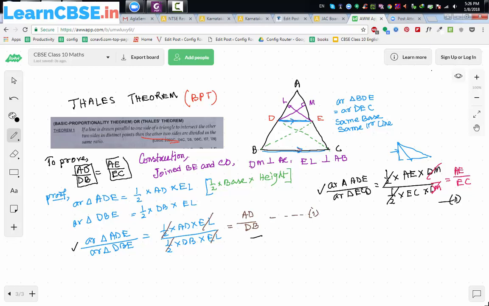So we can say the second equation can be changed into area of triangle ADE divided by area of triangle DBE, and that's also equal to AE by EC. If I compare the first equation with this modified second equation, I can simply write AD by DB is equal to AE by EC. That's what the Thales theorem says. So it's proved.